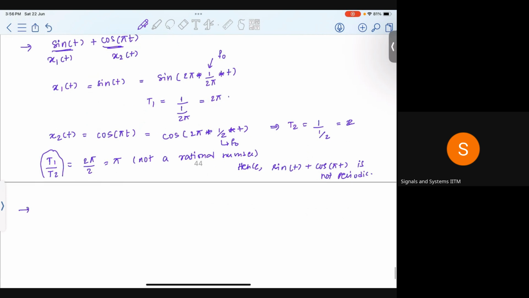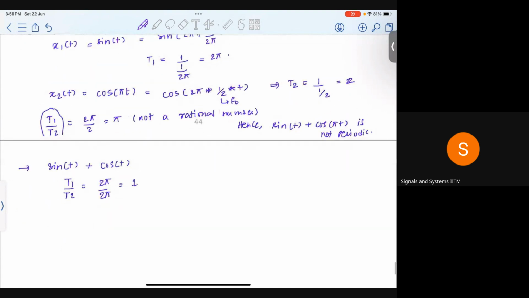Likewise, suppose you have sin t plus cos t, then T1 by T2 would be 2 pi by 2 pi, which is 1. Or let me take cos 2t. My T1 is 2 pi from the previous example.